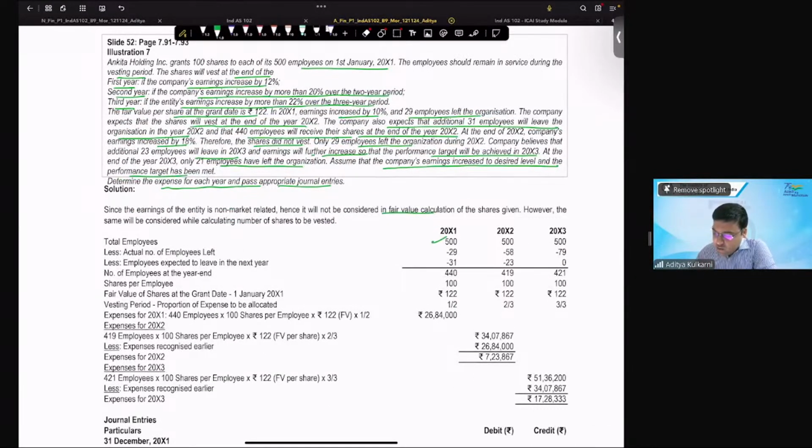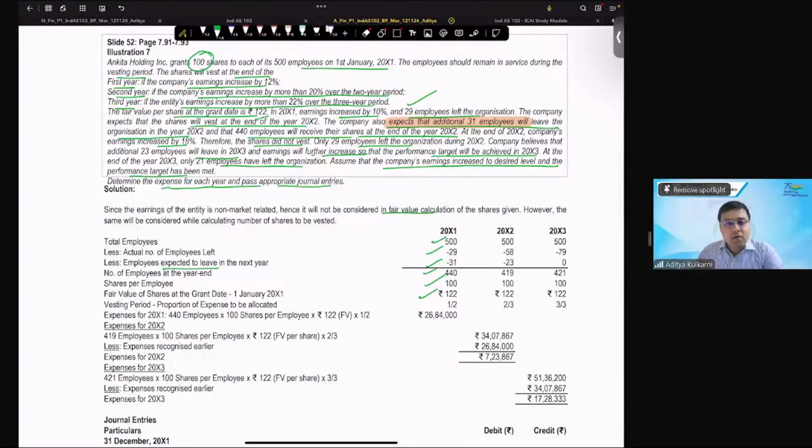At the end of year 1, how many employees left? 29. How many employees expected to leave? The company expects an additional 31 employees to leave. So number of employees 440.